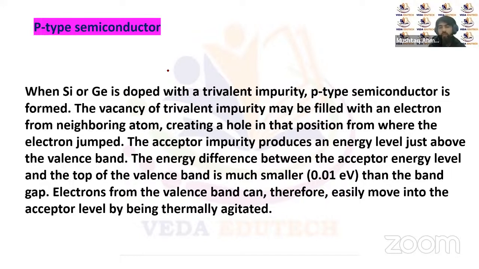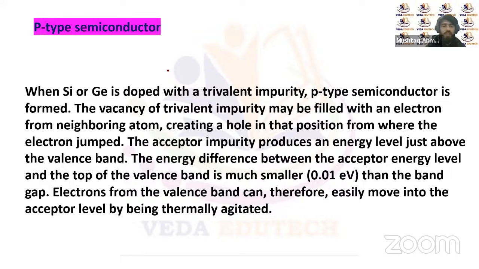to create p-type semiconductors, because the vacancy of the trivalent impurity may be filled with an electron from a neighboring atom. When that vacancy is filled by a neighboring electron, this creates a hole in the position from where the electron jumps. This creates the acceptor impurity, producing an energy level just above the valence band.